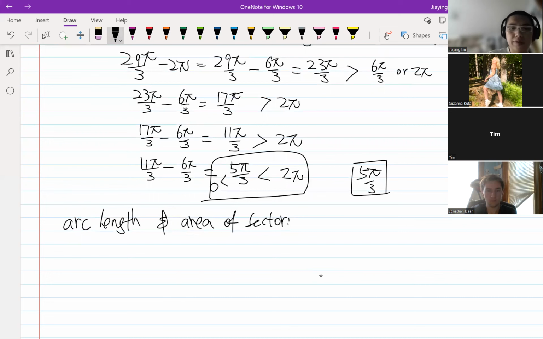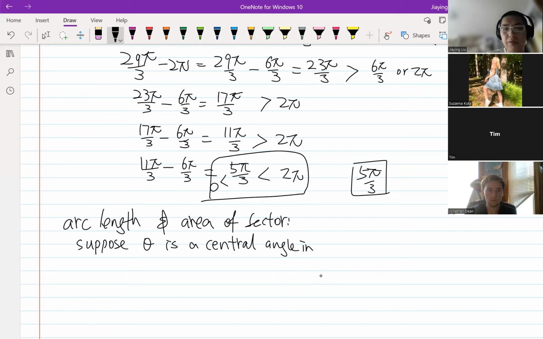So suppose theta is a central angle in radians.